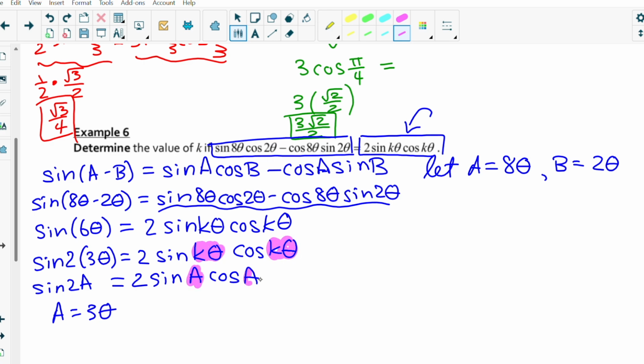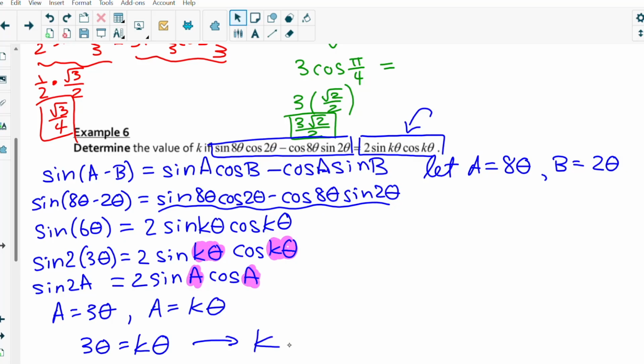I have k theta, I have a. So when I make that substitution, a equals 3 theta, and therefore a also equals k theta. So if I set the two of them equal, 3 theta equals k theta, k equals 3.